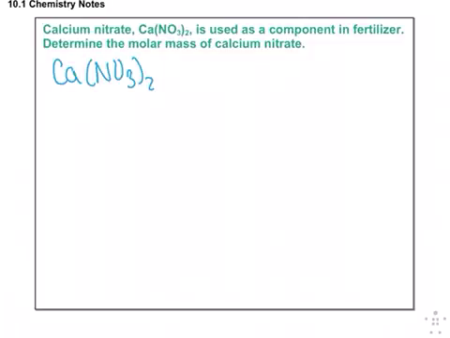How many atoms of calcium are in this particular compound? 1. Then you look at the periodic table and tell me the atomic mass of calcium. Yeah, 40.08. Each periodic table might round a tad bit differently, and that's okay. So just make sure you're using all of the digits given to you on the periodic table that you're using, okay?